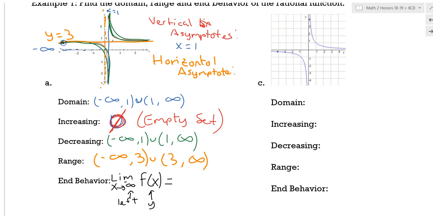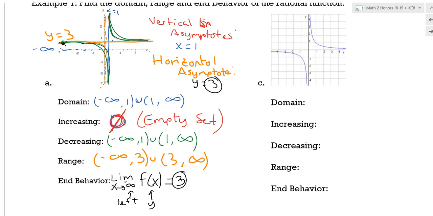So over here, what's our y value doing? Well, if you look, our y value is getting closer and closer to this line. So our y value is getting closer and closer to 3. Okay? So this number here and this number here are almost always the same number.